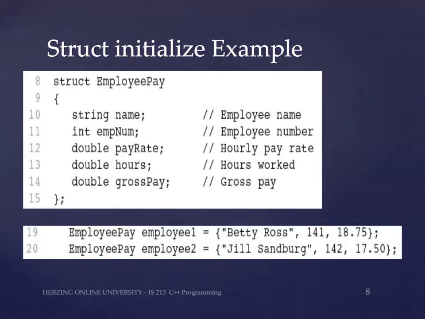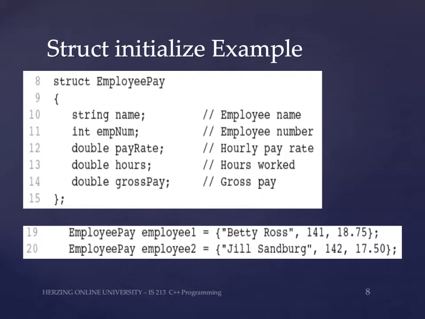This is another great programming example that demonstrates the use of structures and how we initialize them. Like we said, we have struct employee pay, and you define the members of the structure, and below on lines 19 and 20 you see how we initialize the structures. We have two structures here of type employee pay, employee 1 and employee 2.